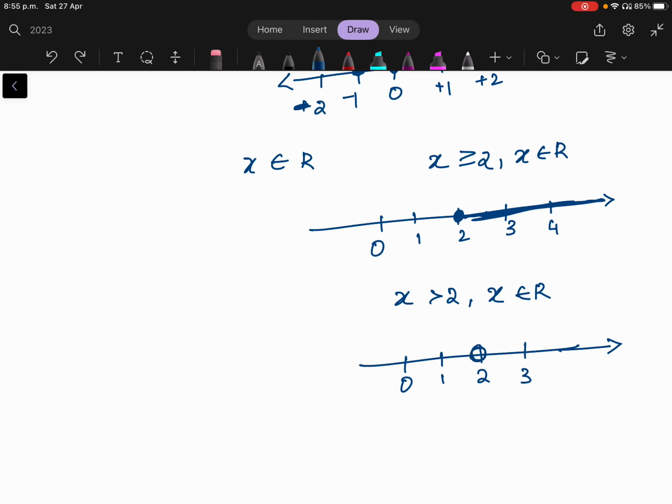Let me just mark it in red so that it is visible. So just draw an open circle and then highlight it over here.